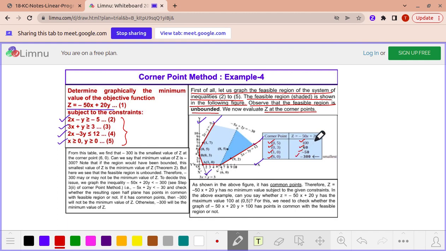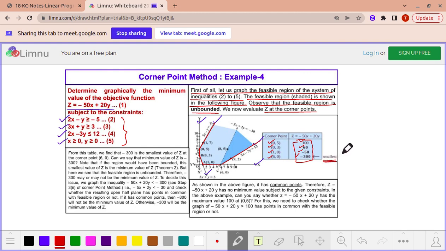Fine. Now what is our objective? Our objective is to find the minimum value. Now among all these 4 values, 100, 60, minus 50 and minus 300, we get the smallest value as minus 300. See, here we are using the word smallest, not minimum.